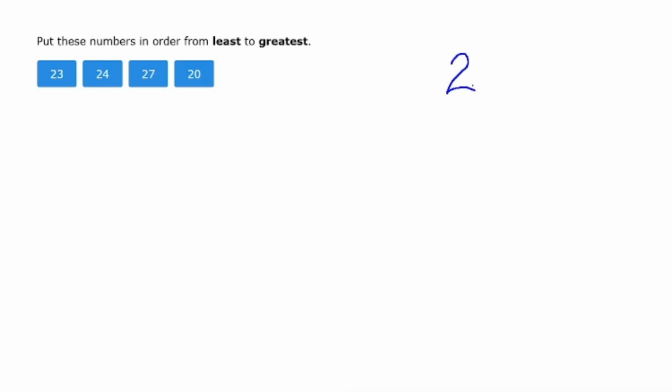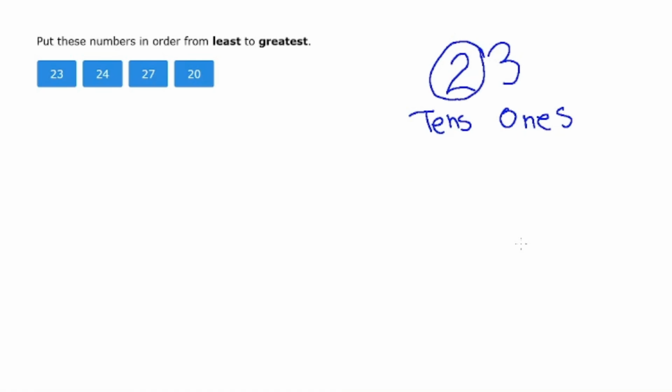So if you look at a number like 23, this is the tens digit, and this is the ones digit. So when you look at numbers like these, 23, 24, 27, and 20, all of them have in common that their first digit is a 2.